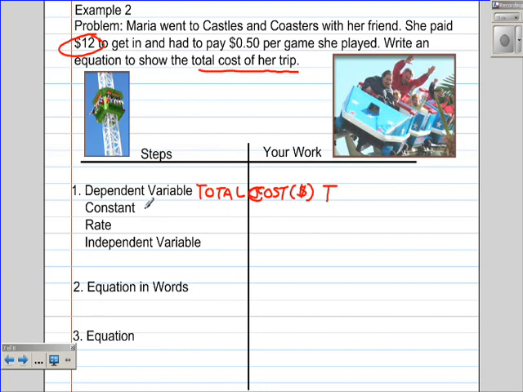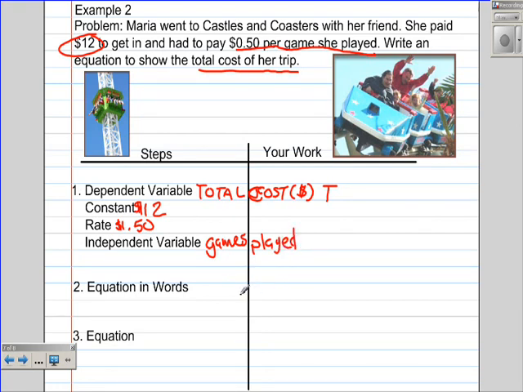She had to pay $12. So my constant is $12. What's the rate? So the rate would be the 50 cents per game she played. So the rate is going to be 50 cents, and the independent variable is games played.